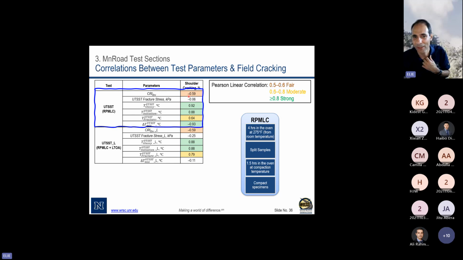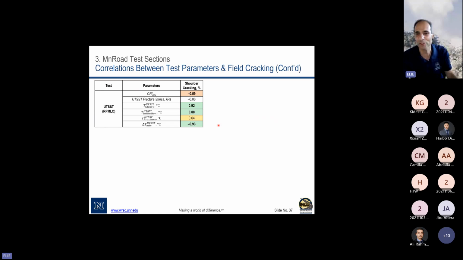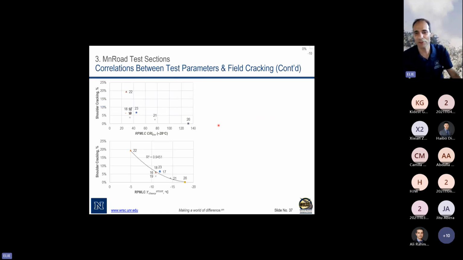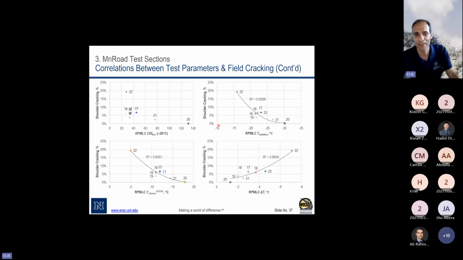But look at this, the fracture stress, not at all. And the early days of the TSRST were all based on fracture stress. But now when we look at the initiation, the delta T, the CRIE, we have very good correlations, and I'm going to focus on that. Look at this, here on the left-hand side, the CRIE.